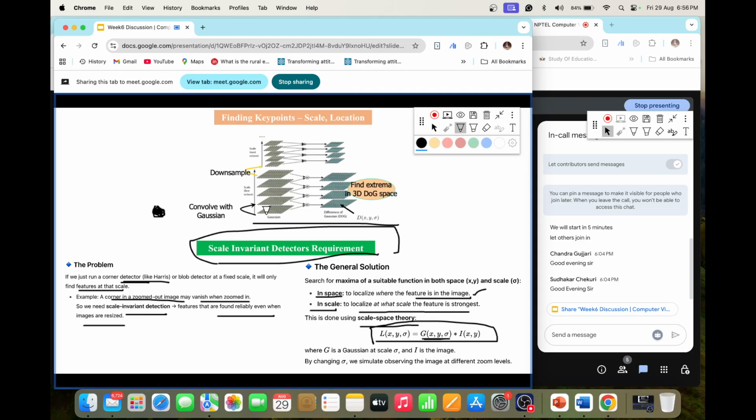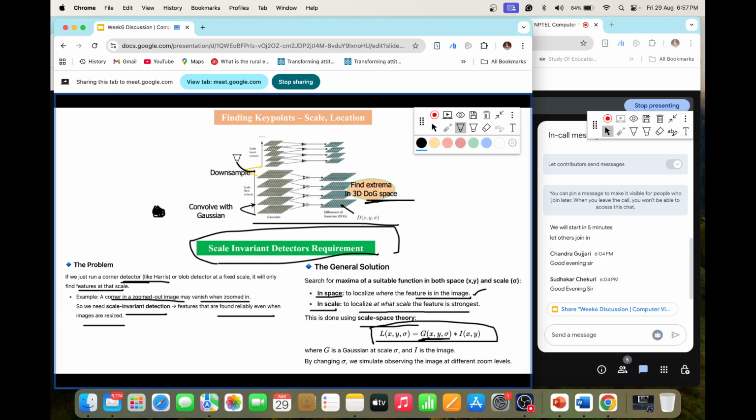Then we are doing the g operation, the Gaussian operation, which means we are blurring the image step by step. And then we are finding the DoG. This is the DoG operator.